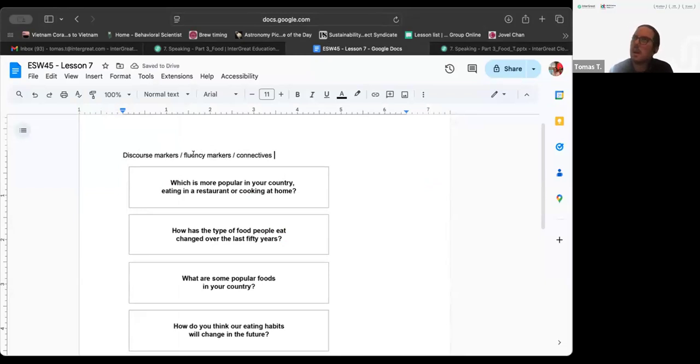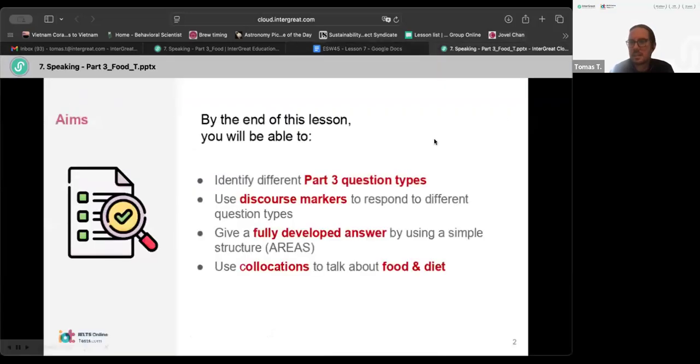You might read an article or a post or watch a short with some tips about the speaking test. If you ever hear any of these words, then you're on the right track. This is going to make up part of your grade or your band score. You can hear it called fluency markers or connectives in other ways. So that's the focus of today's class.